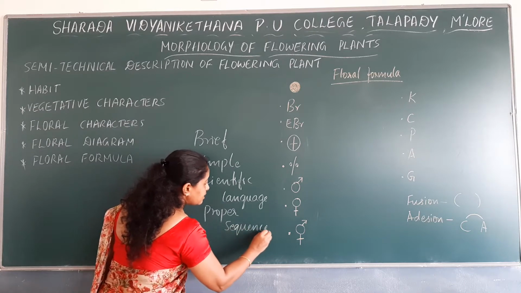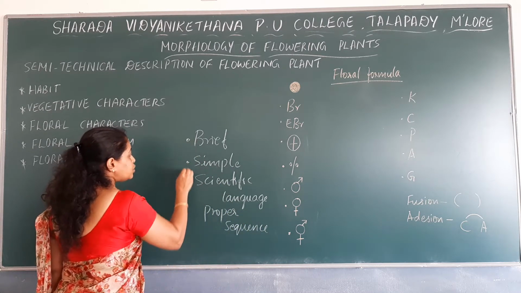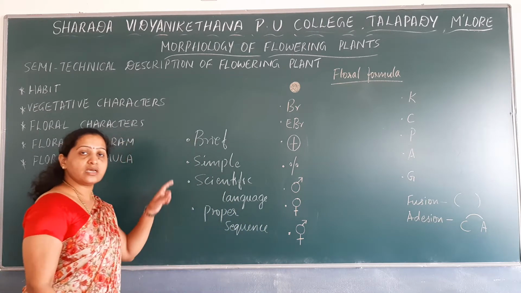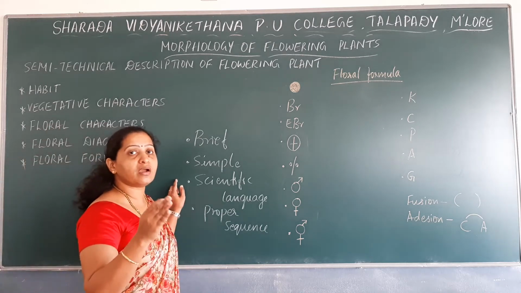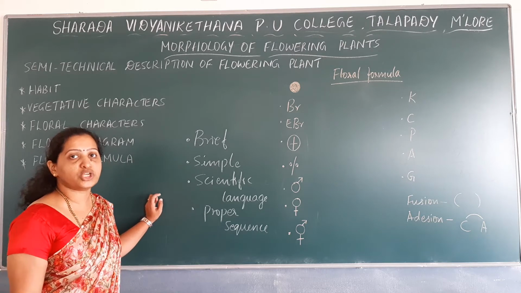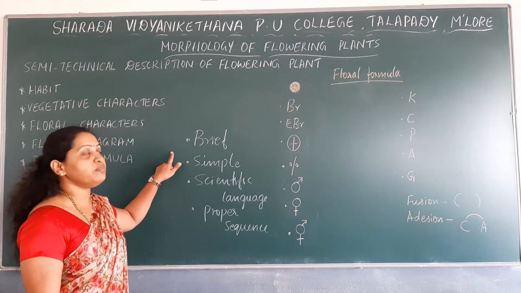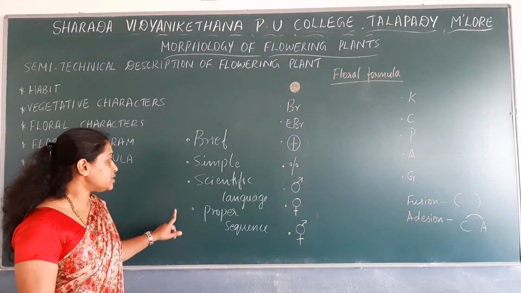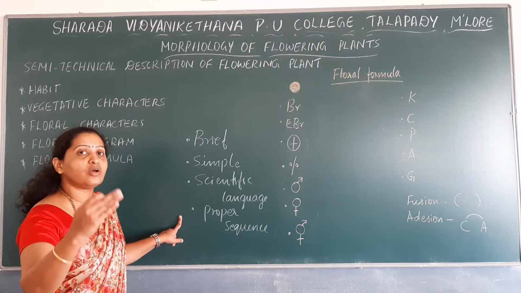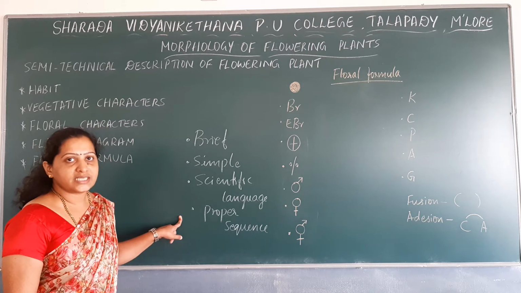These factors have to be kept in mind whenever you are giving a semi-technical description of a flowering plant. It should be brief, it should be simple, scientific language has to be used, and it should be presented in a proper sequence.